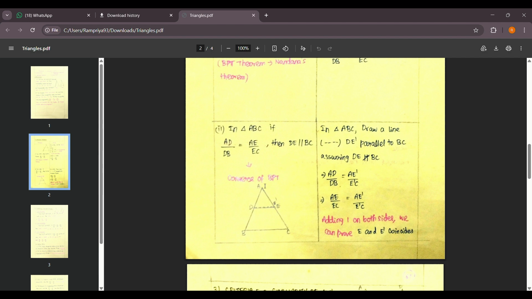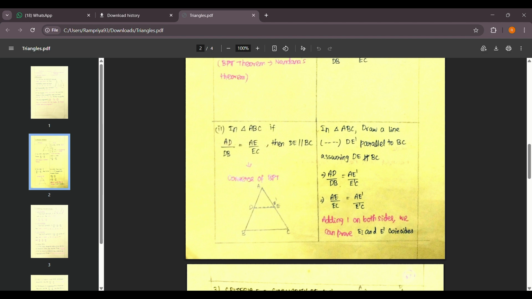Now you can use that legendary theorem: AD by DB equals AE dash by E dash C, instead of AE by EC. And similarly AD by DB equals AE by EC. So this is possible only when AE dash by E dash C equals AE by EC.